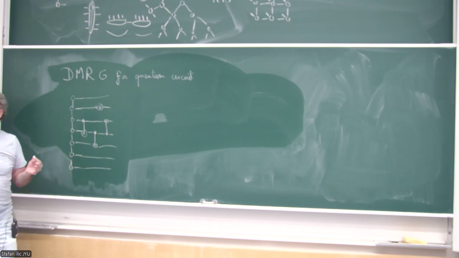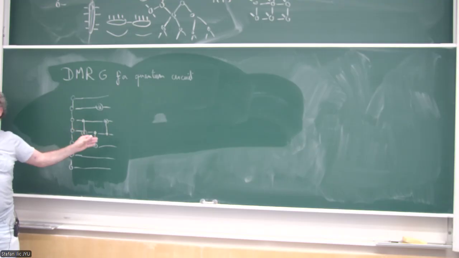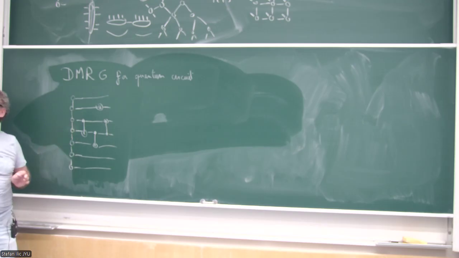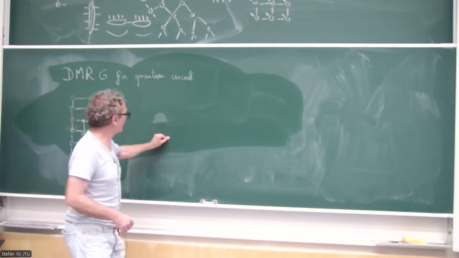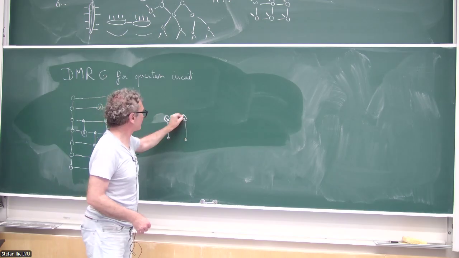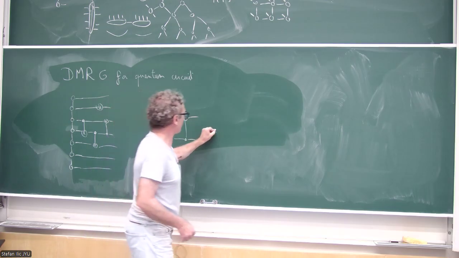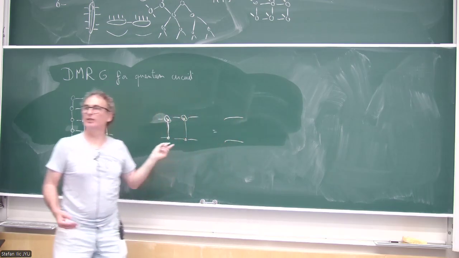Because maybe I have a gate here and I'm going to truncate, but maybe the next gate is actually removing the entanglement that I built in the first gate. For instance, I could have this followed by this, which is identity, right?